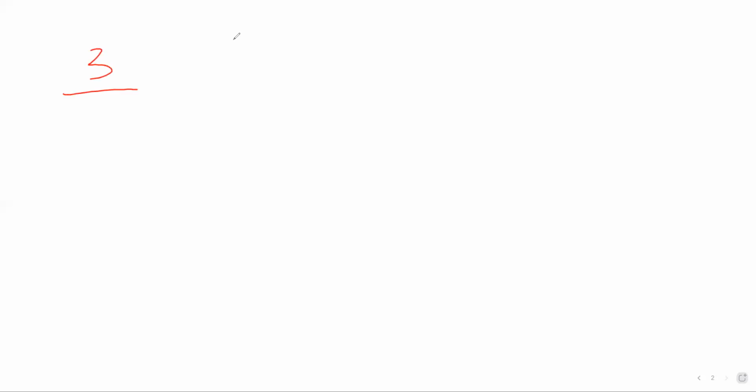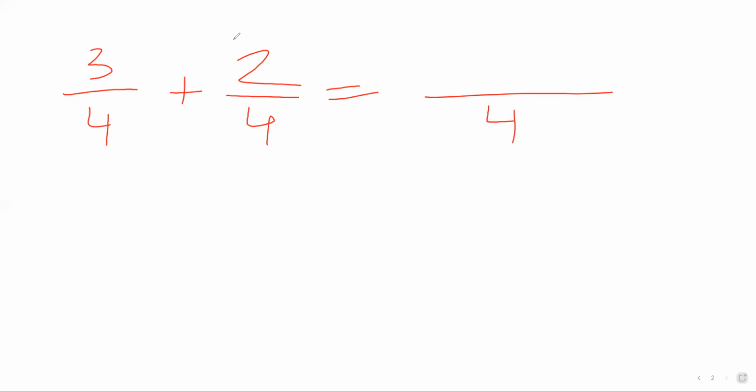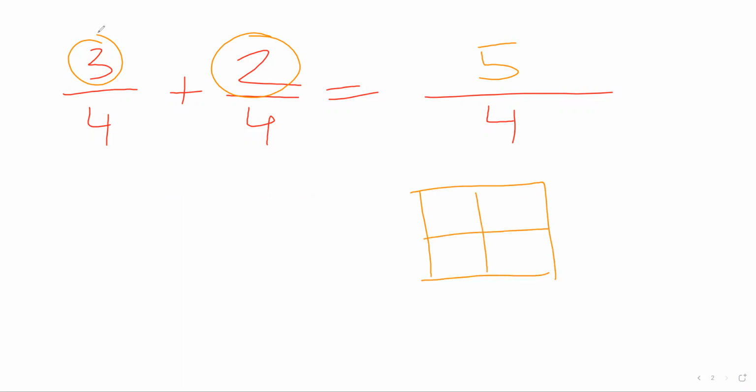So let's say we had 3/4 and we were adding 2/4. Well, technically speaking, we already know that it's going to be fourths. And then we can think about this idea that I'm really just adding my numerators. 3 plus 2 equals 5. Or we could even think about that as the model. I cut into fourths.